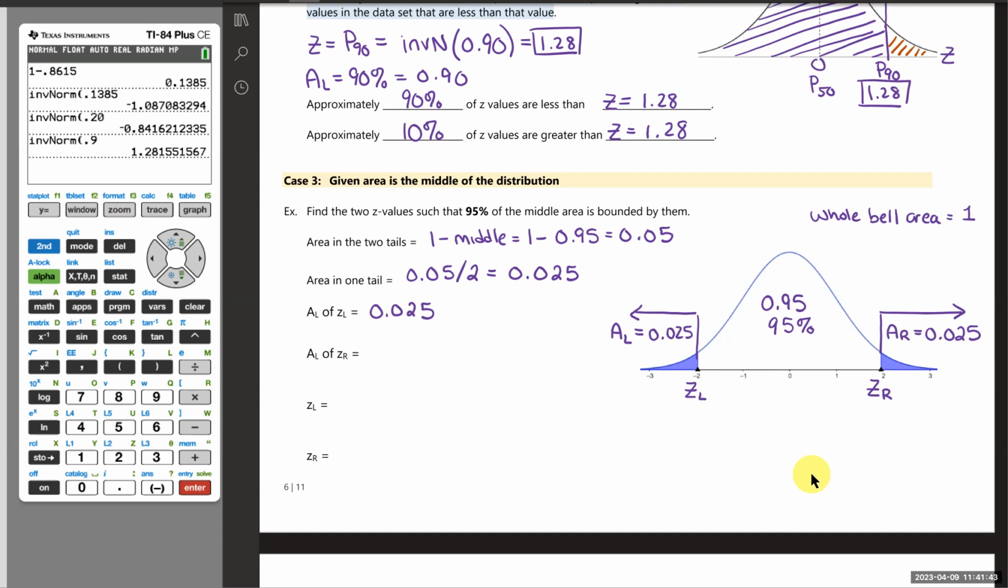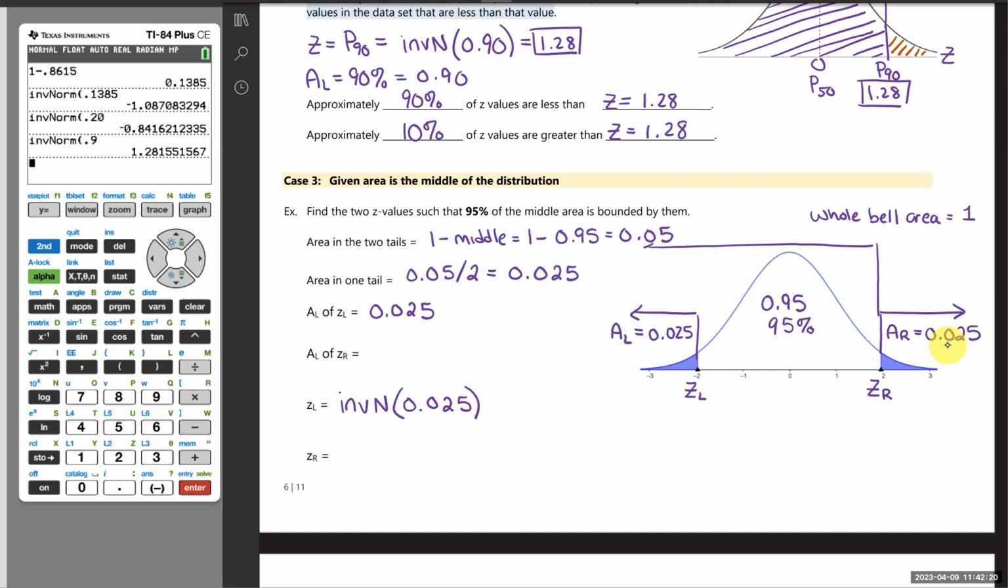If I want to know the z-score on the left, we know the area to its left, so you can go straight to inverse norm. I'll do that one first. But let's talk about the z-score on the right. I know the area to its right, but remember that to do inverse norm, we need the area to its left.